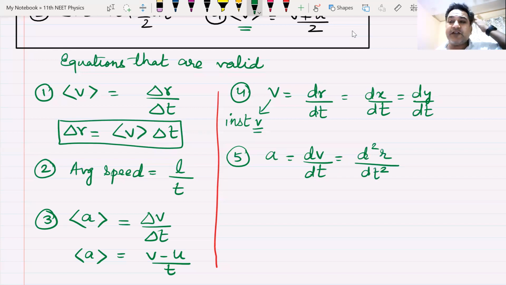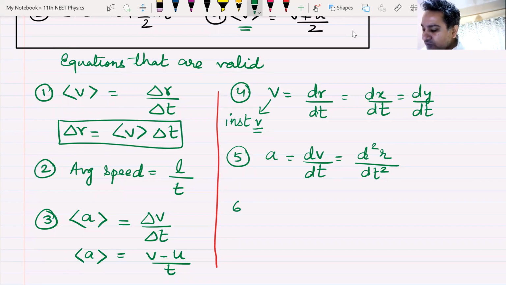It is the second derivative of position vector with time. Do we remember these equations, the equations in green? We had done motion with variable acceleration before, and we are revising it now.